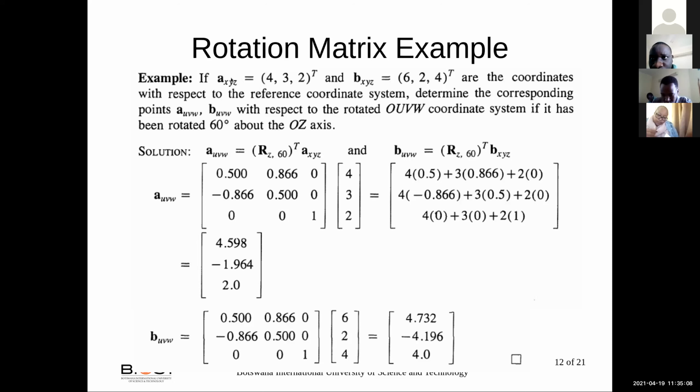So now we need to express this X, Y, and Z in terms of the U, V, and W coordinate system. What is similar to the previous problem is that the rotated UVW coordinate system is rotated 60 degrees about the OZ axis.